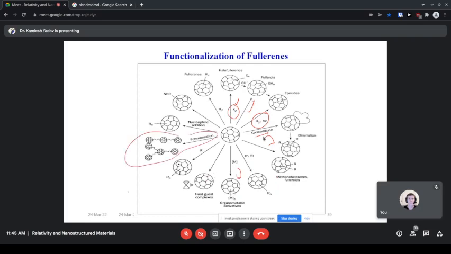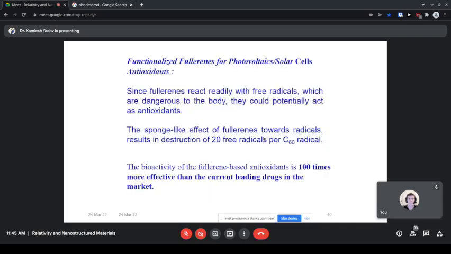Even you can obtain polymerization, nucleophilic substitution reaction, elimination reaction, and so on. Fullerenes, you can add hydrogen, oxygen, and so on. Therefore, using various types of reactions, we can obtain many derivatives of fullerenes, and these derivatives will be very useful in photovoltaic solar cell applications.